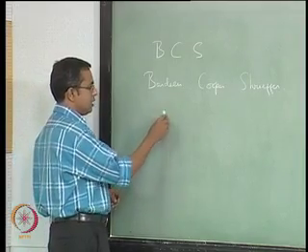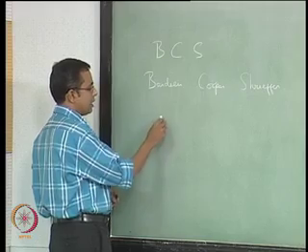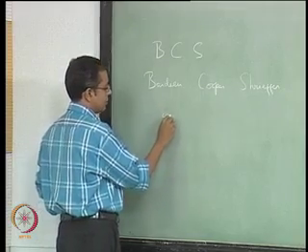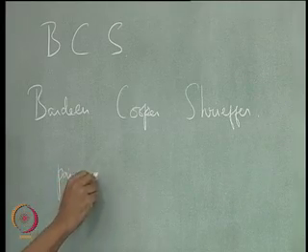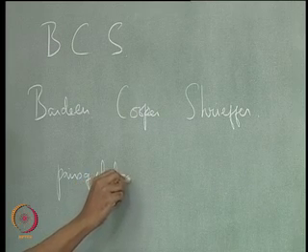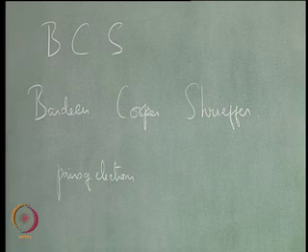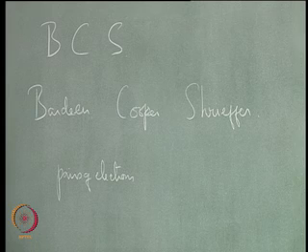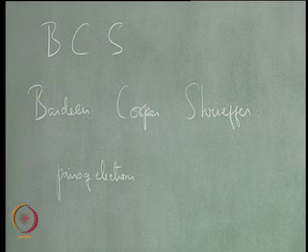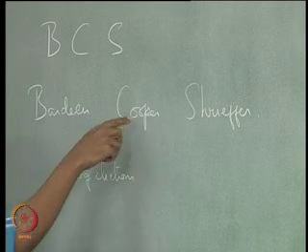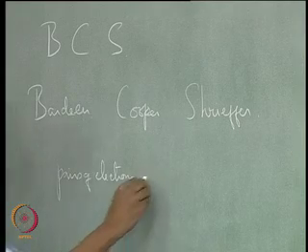they theorized that there were pairs of electrons that operated in a coordinated way. Okay, and this idea was attributed to Cooper, so these pairs of electrons are called Cooper pairs.